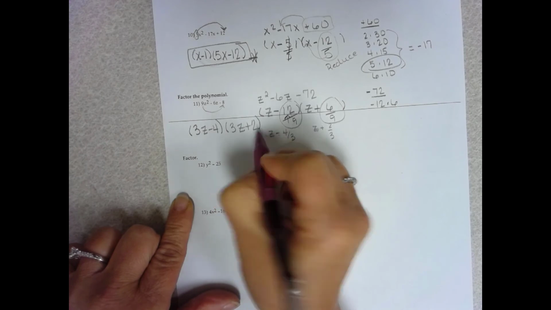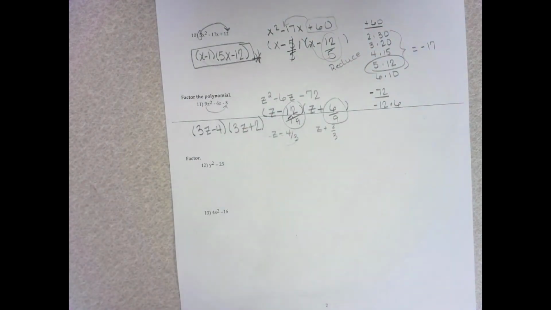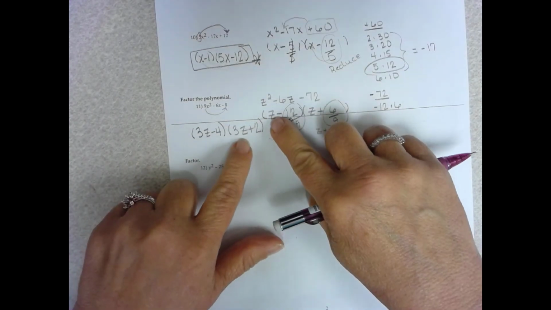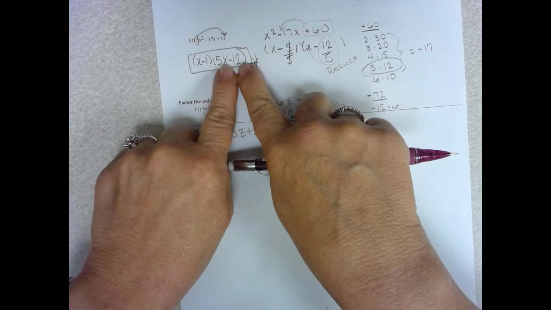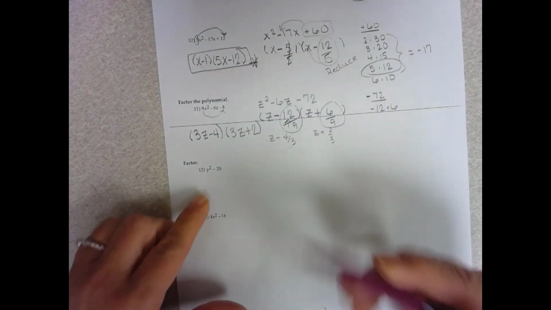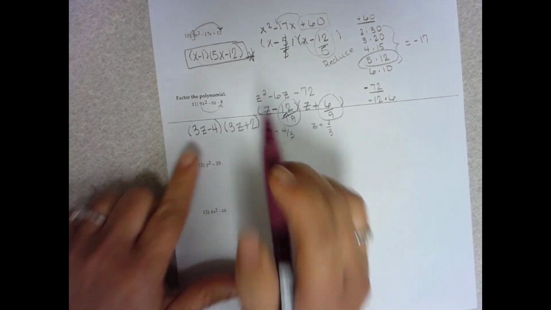And again, remember the grouping, you could reverse them. That's okay. But you can't have, well, in this case, it wouldn't matter. But up here, you have to have the 12 and the 1 in the correct place. But both of these are 3z, so it really doesn't matter where the plus 2 goes.